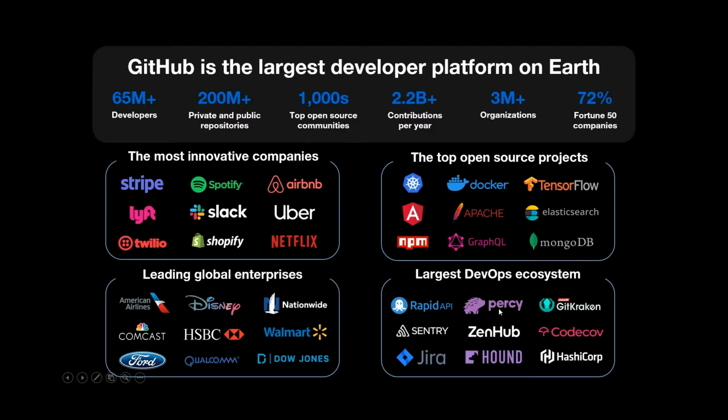Let's jump in. As I'm sure you know already, GitHub is the largest developer platform on Earth at the moment. There's millions and millions of developers. I think this number is outdated. It's not 65. I think it's 75 million developers at this point. There's also millions and millions of repos, thousands of open source communities.